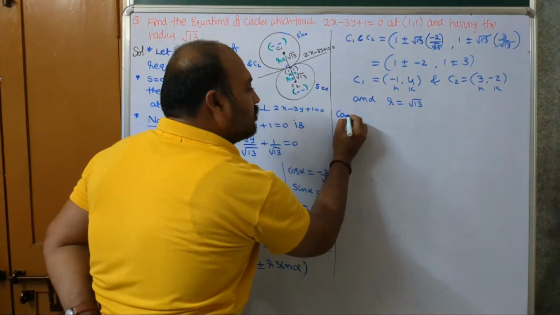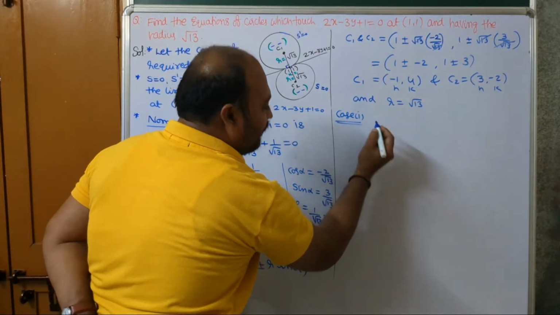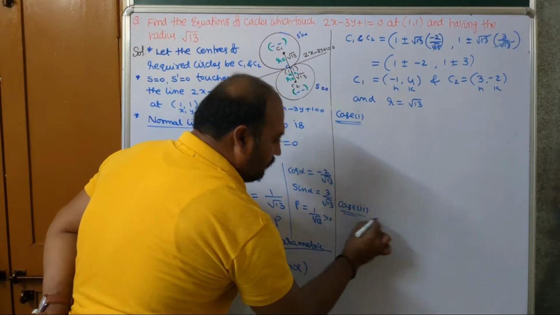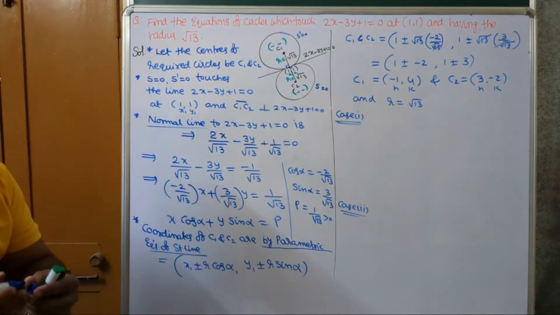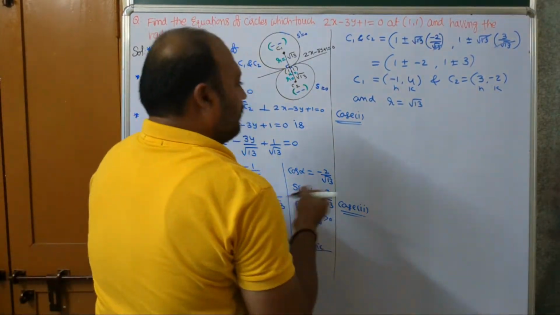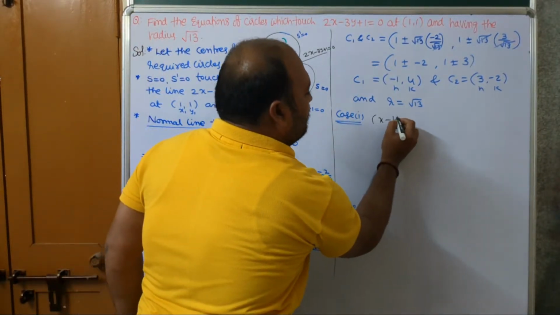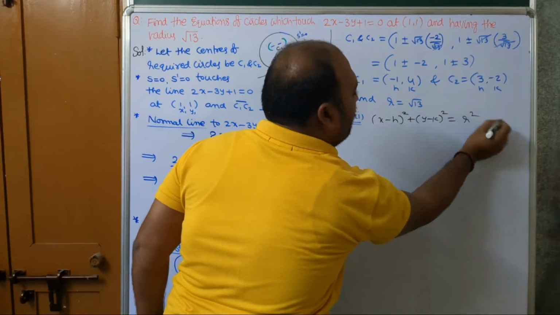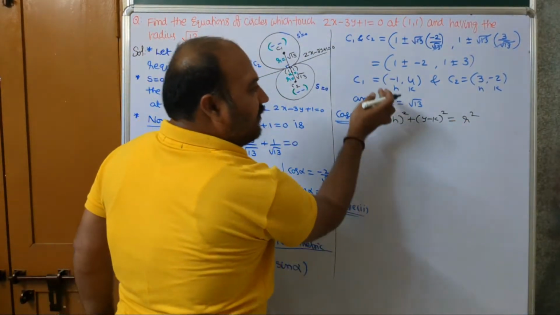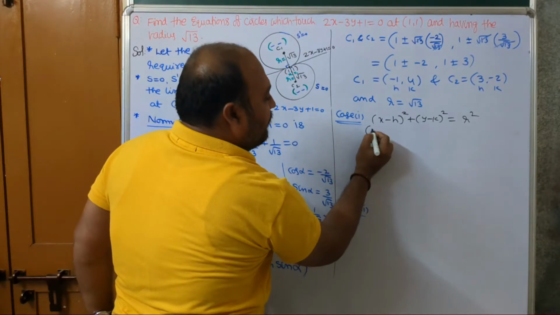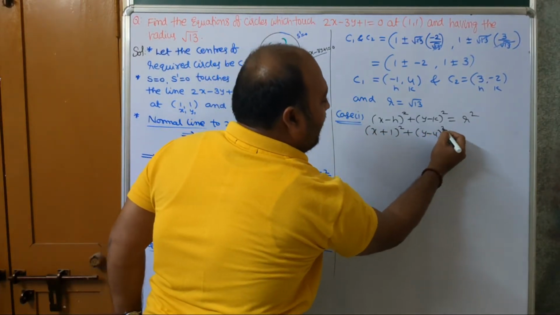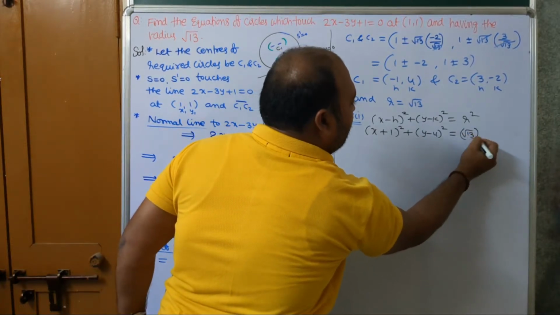Go to case 1. To get the first equation of circle, x minus h whole square plus y minus k whole square, dear students, equal to r square. H comma k, in the first case you take these values. x minus of minus 1 whole square plus y minus 4 whole square equal to root 13 square.